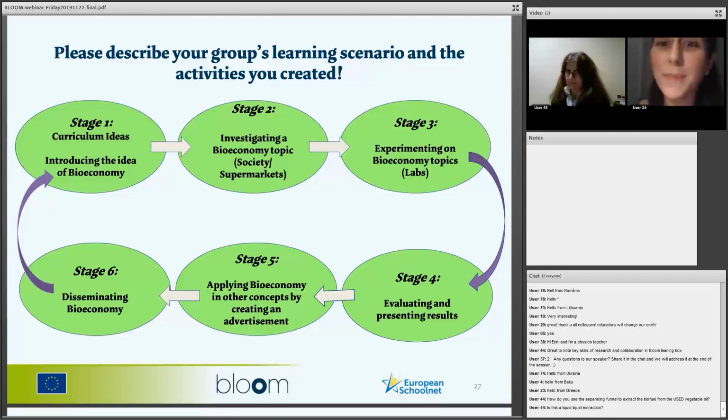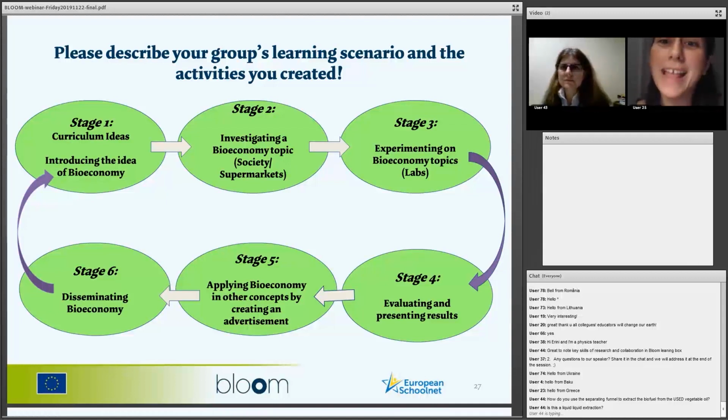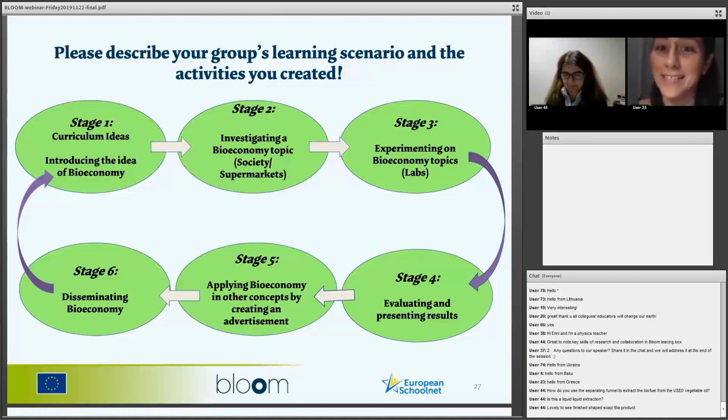And so we started by finding the curriculum parts that would help us introduce bioeconomy, and then introduced our topic to our students. Then we asked them to investigate it and connect it with real-life experiences.